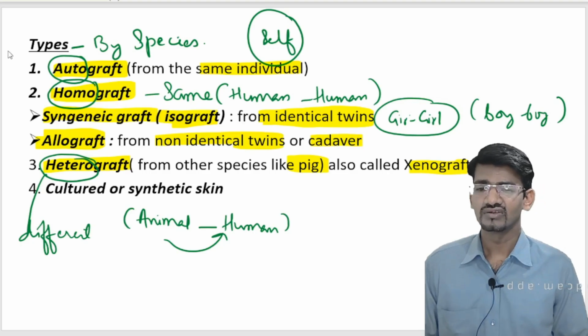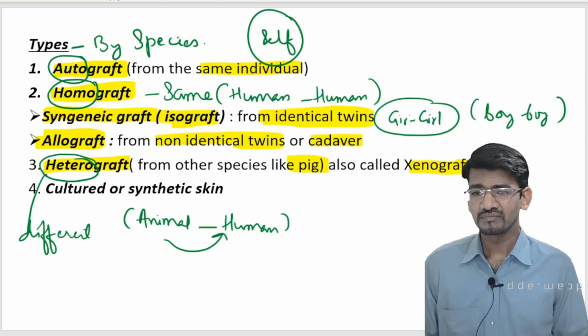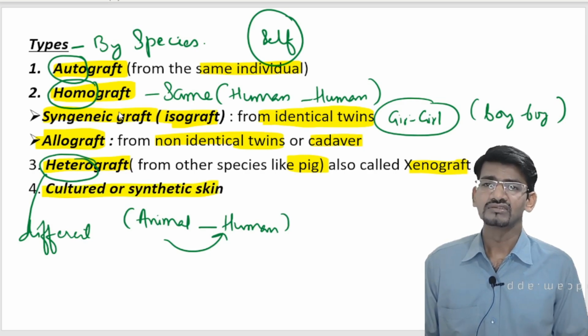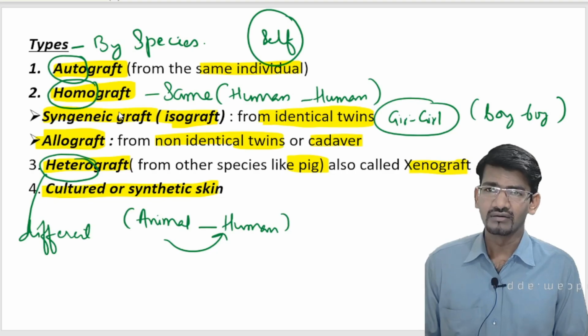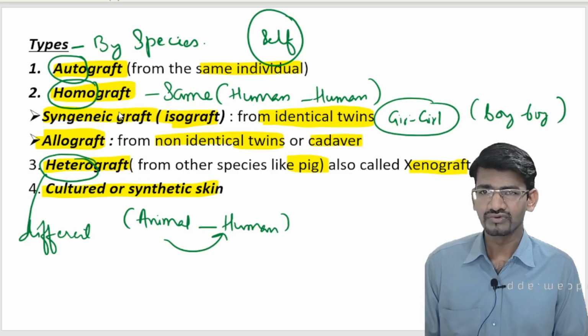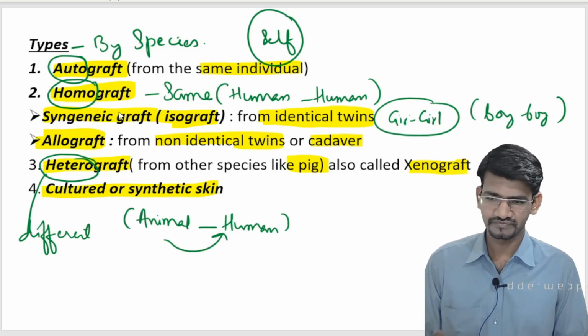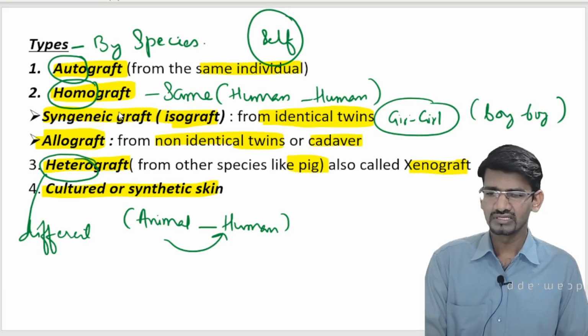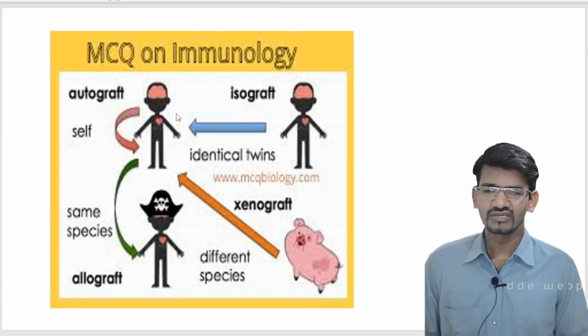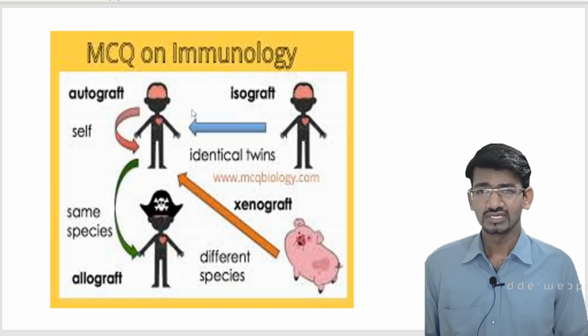Xenograft. And the last type is the cultured or the synthetic skin. This is an artificially made or lab cultured skin that can also be used for skin grafting. So here you can see with the picture. Autografting means the self. Iso means between identical twins, means both are same, either boys or girl twins.